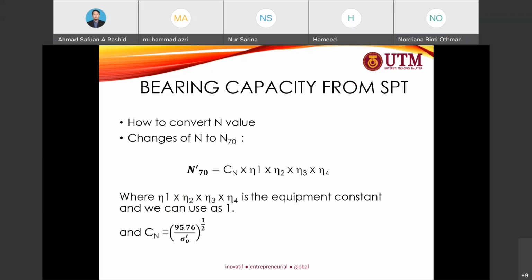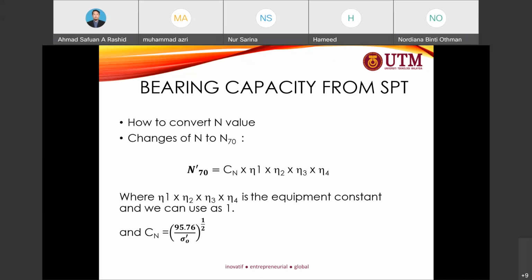So N70 is equal to Cn times nu1 times nu2 times nu3 times nu4. The nu1, nu2, nu3 and nu4 are the equipment factors, and we can use them as 1.